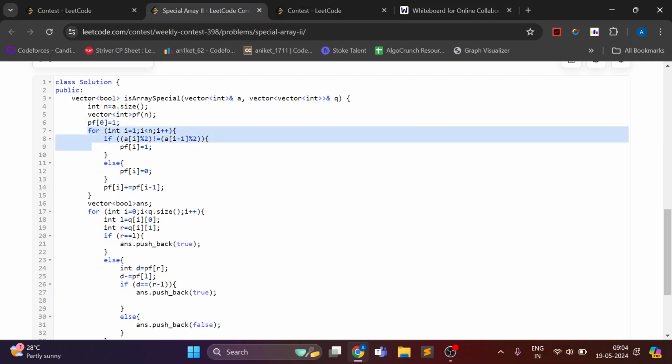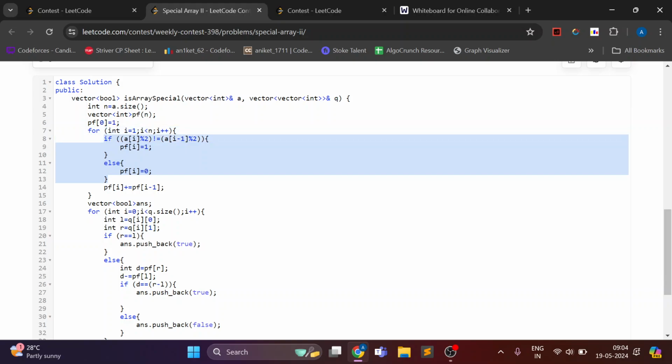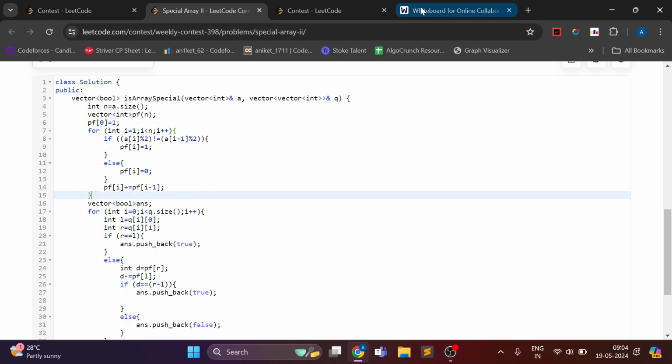Now I'm setting pf of i to 1 if the parity of its element and its previous element are unequal, else I'm setting it to 0. And instead of creating b and pf separately, I'm just creating pf and updating pf of i with pf of i minus 1 at every step.